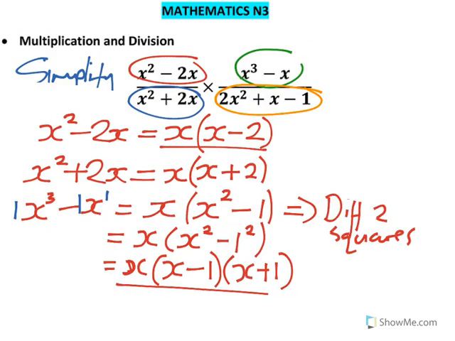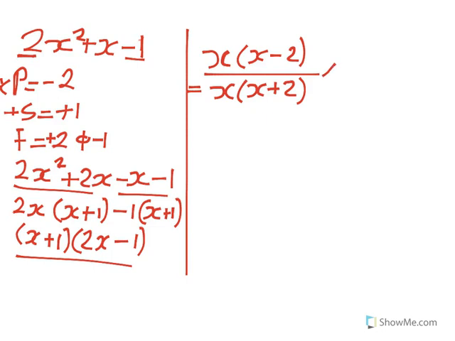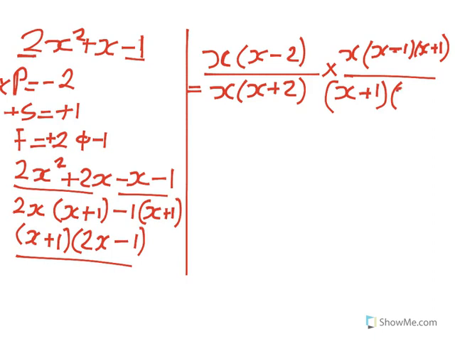Still remember this one, times x cubed minus x, which was x times x minus 1 times x plus 1, all over the other one at the bottom, which gave us x plus 1 and 2x minus 1.